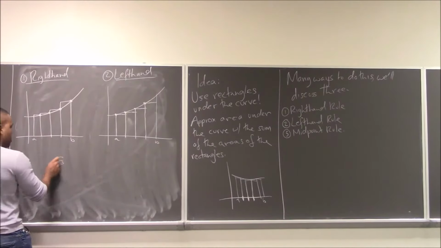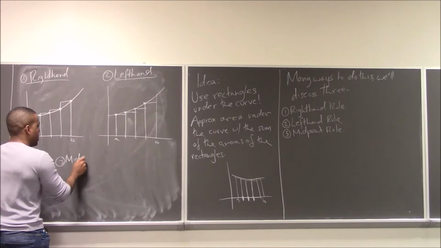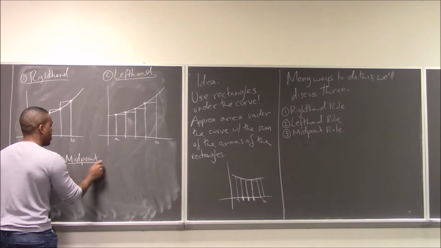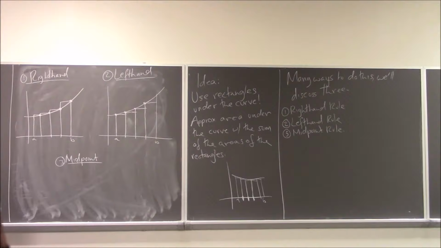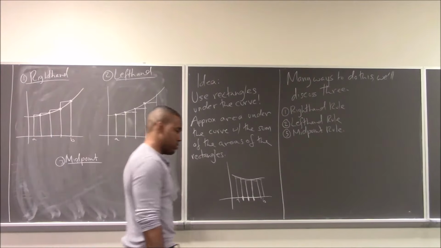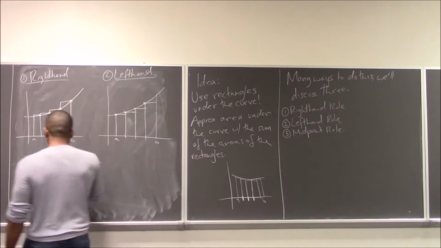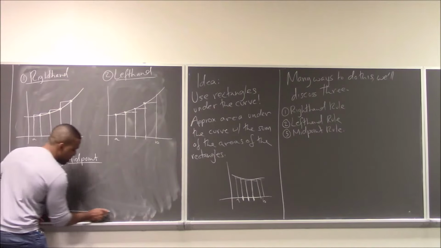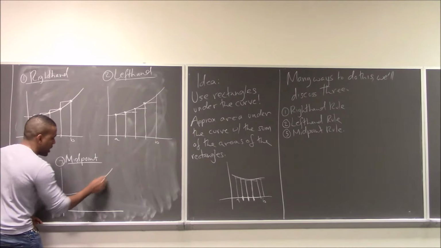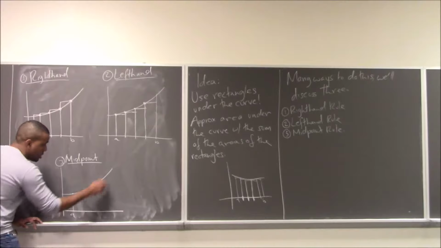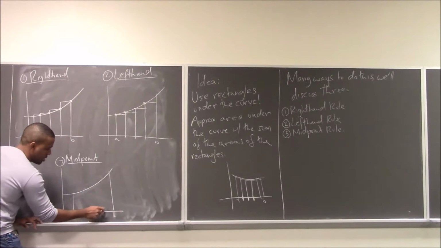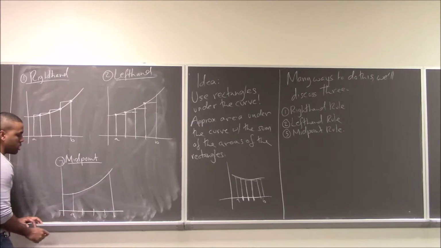Midpoint. I think we're getting the idea here. So in the case of the midpoint, we cut the interval into a bunch of subintervals, but now we take the midpoint of the subintervals to determine the height. So here's A, here's B. I can dissect this into a bunch of subintervals.